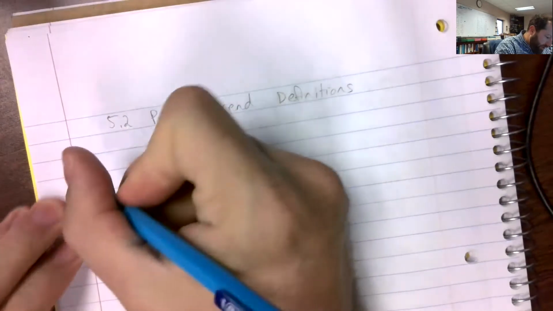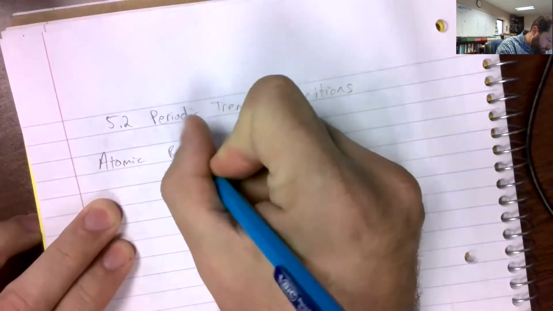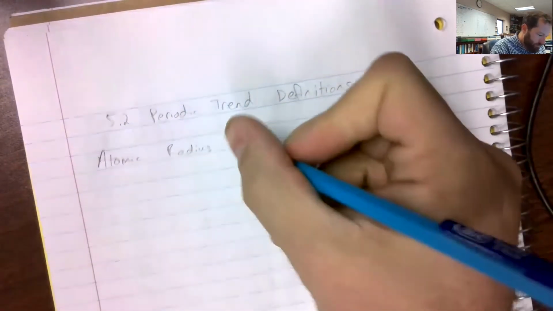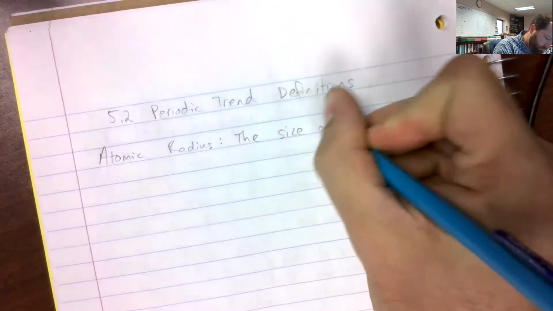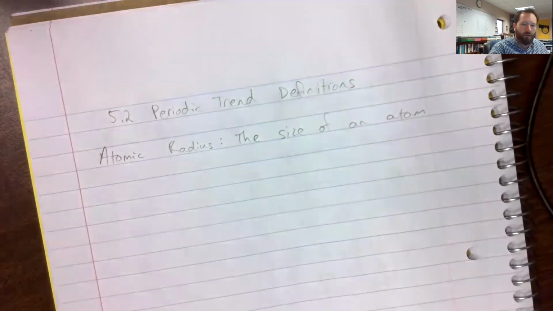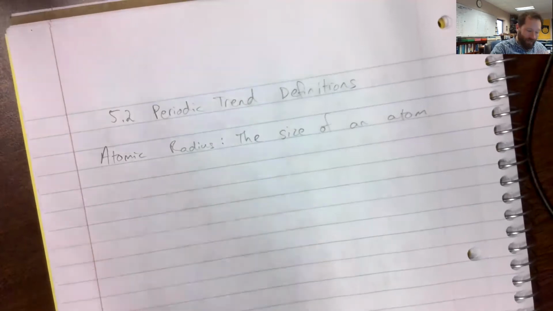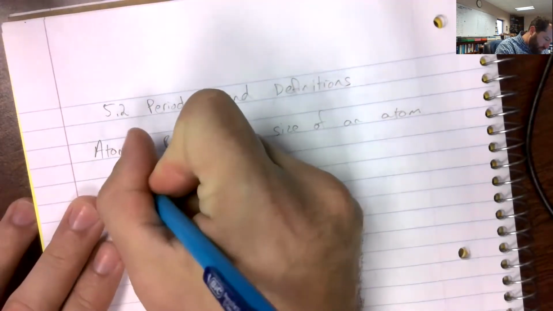So starting off, the first thing, or one of the first things we'll discuss, is what we call the atomic radius. Now, when you think of the radius, talk about circles.